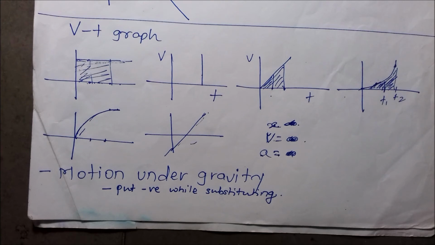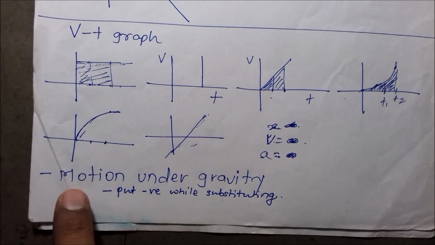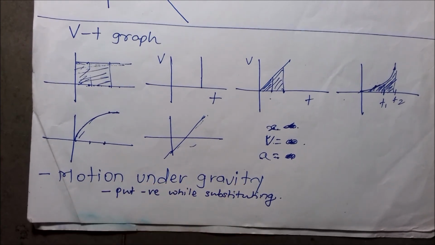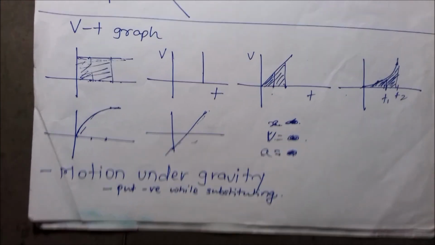Acceleration due to gravity is always in the downward direction, therefore we have to put minus 9.8 or minus g. So if we put proper signs, motion under gravity is quite easy. We will see some examples of motion under gravity.